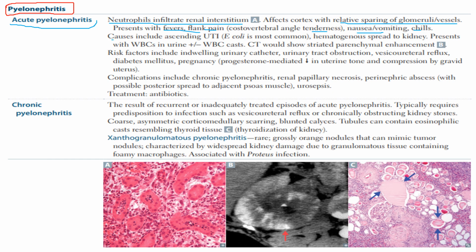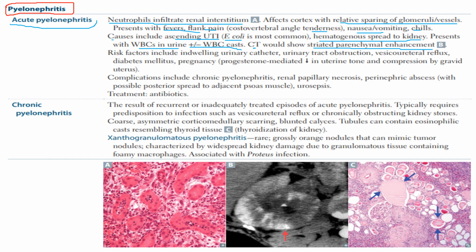Causes include ascending UTI, with E. coli the most common, and hematogenous spread to the kidney. It presents with WBCs in urine or positive WBC casts. CT scan of the kidney shows striated parenchymal enhancement.